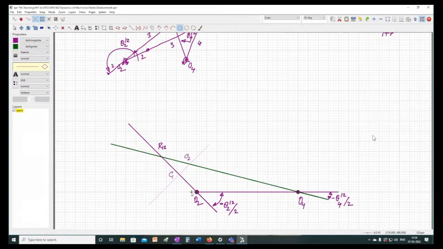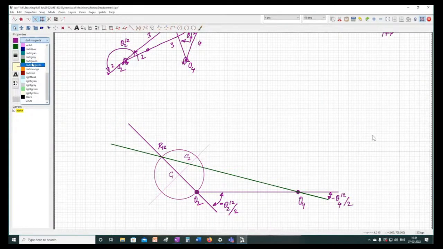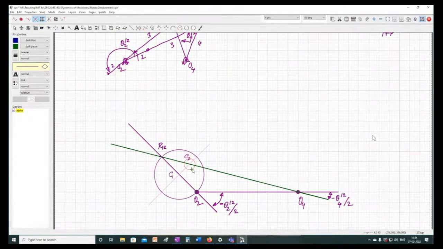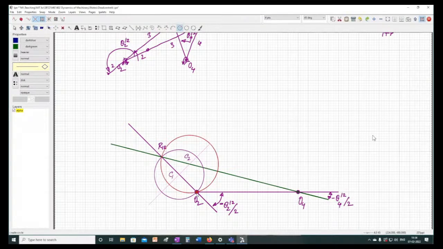Keep this point C1 as center and O2 C1 as radius. This is one circle. Okay, we'll draw another circle from C2 as center and the radius is O2 C2.